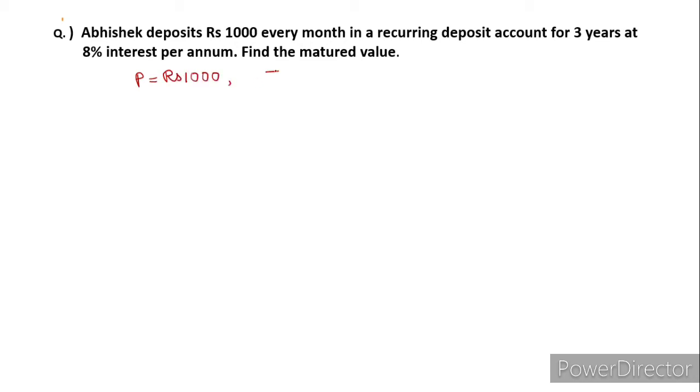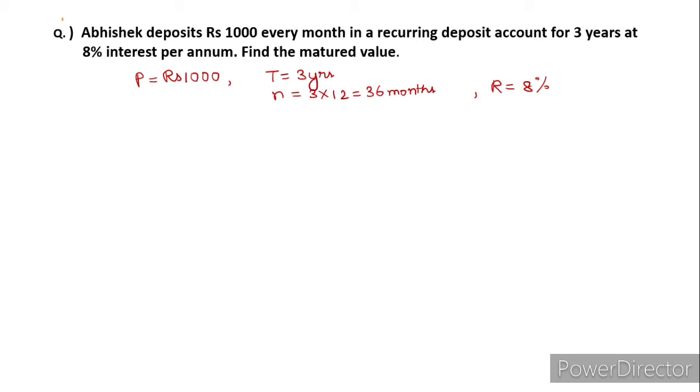Time is 3 years. So you have to first convert this into months. Therefore n is equal to 3 into 12, that is 36 months. Rate is given, rate is equal to 8%. You have to find the maturity amount.